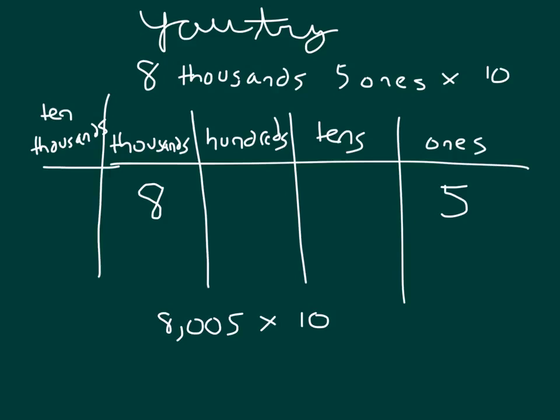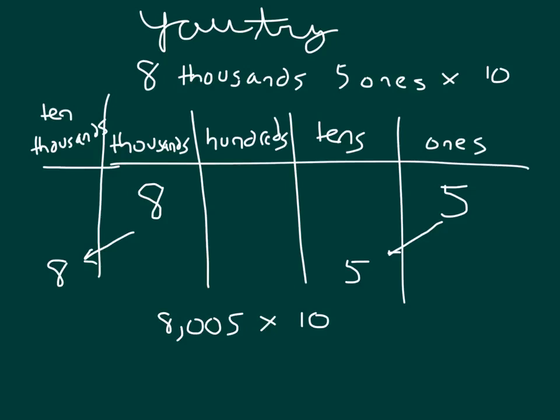What happens to a 1 if you multiply by 10? It would be worth 10, or 10 ones, which also equals 10. So 5 of those ones times 10 equals 5 10s. 8 1,000s times 10 would be worth 8 10,000s.